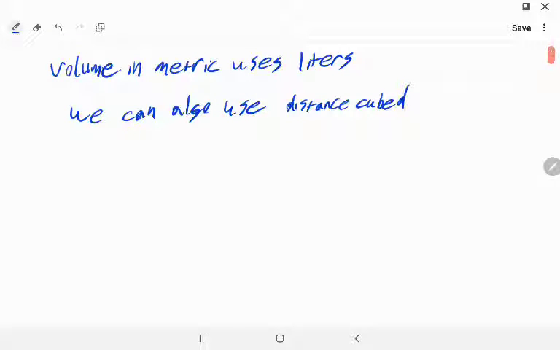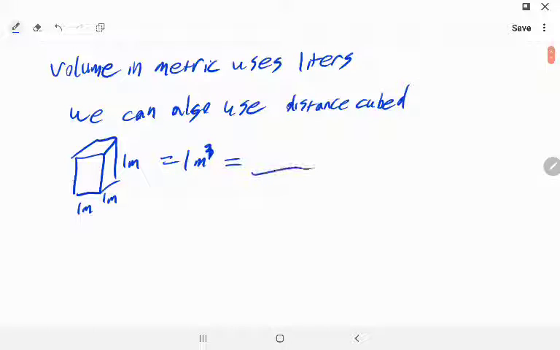So the question is, if we had a box that was 1 meter by 1 meter by 1 meter, so that's a volume of 1 cubic meter, how many liters will that equal?